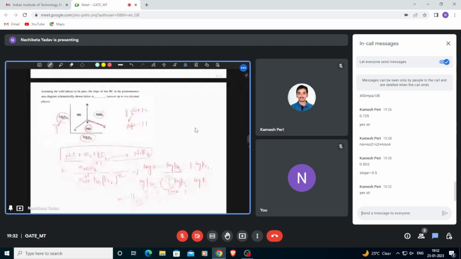Okay, I am doing one question here. If you search predominance area diagram for this NiO and sulfur system, you will get this type of curve.